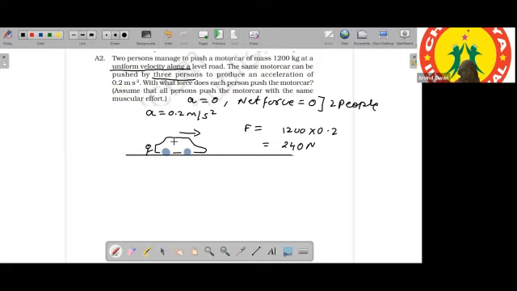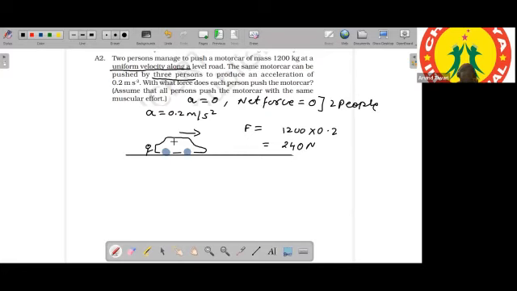So 720. Yeah, 720. As one person is applying a force of 240 Newton, the total force applied on the car by the three people is 240 multiplied by 3. That's 720 Newton.